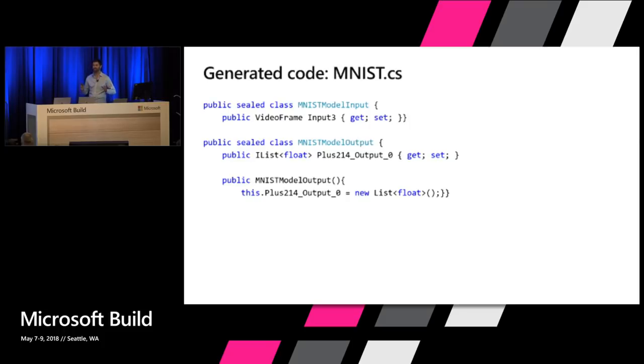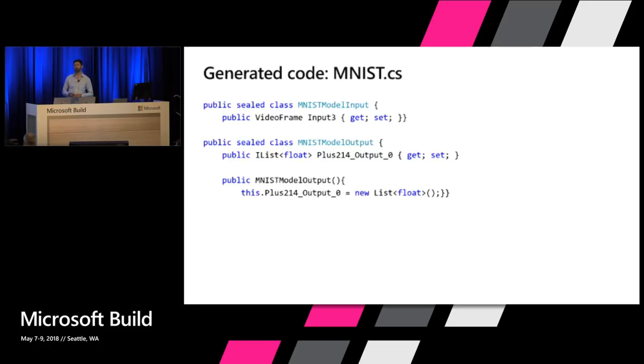I'm going to really geek out here over a couple of properties, but bear with me for a sec. The first thing you'll notice is that there is a getter-setter property for something called input3 that takes a video frame as a data type. Now, input3 was actually the named input that the model described. Windows ML using Visual Studio code generation tells me what that name is.